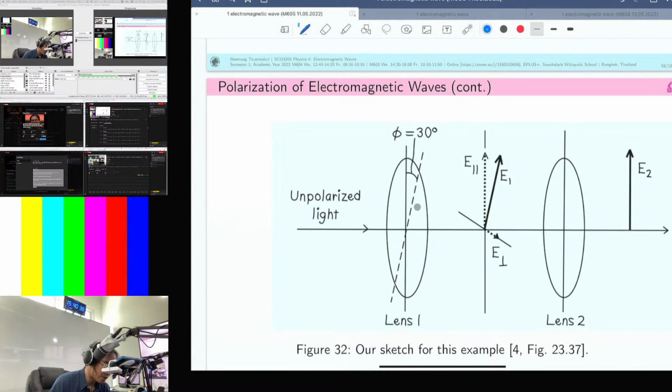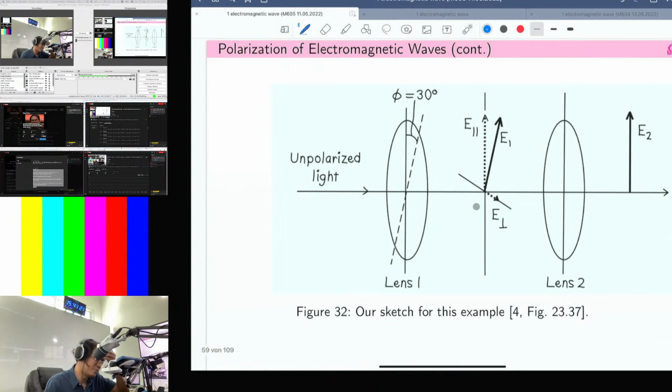Of course, the light after the first lens has only the E field that is tilted by 30 degrees, because the filter works perfectly: it completely blocks all other components with different E field orientations, and it allows 100% intensity of the light that has the E field orientation like this.